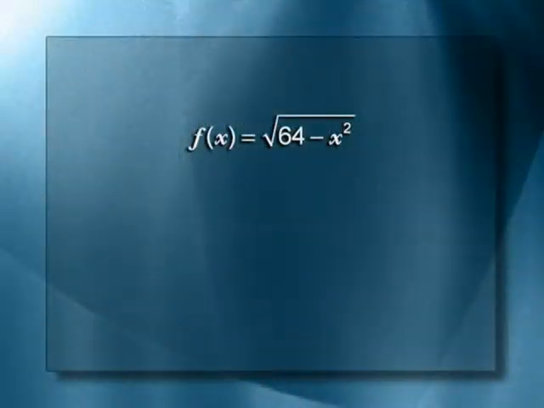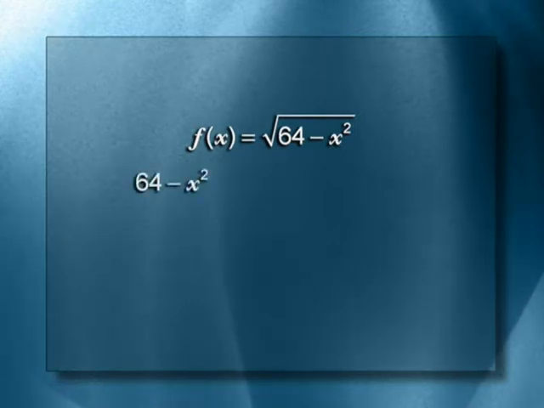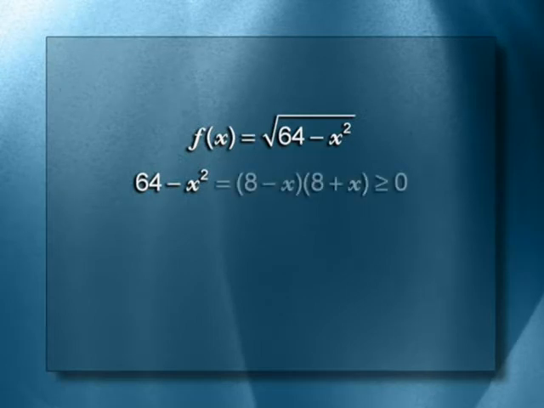Okay, let's do some applications. Applications to domains. Remember, we studied domains of functions throughout the first few lectures. Here's a more complicated function. How about f of x equals the square root of 64 minus x squared? What's the domain of this function? Well, the thing inside the radical has to be non-negative, and if you factor 64 minus x squared, you get 8 minus x times 8 plus x.